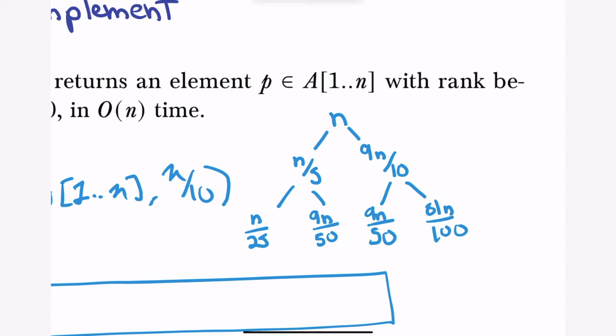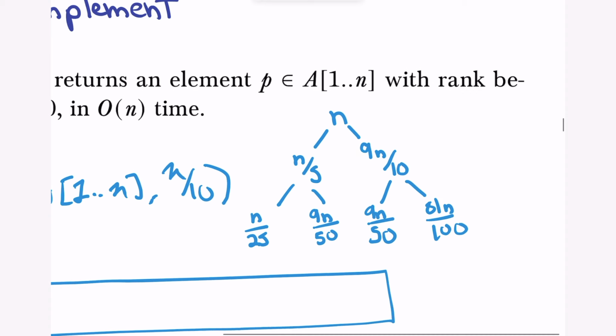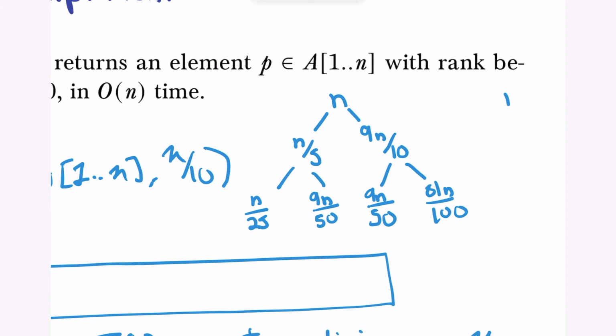And we know that each of these subproblems is contributing work corresponding to its own size. So I just have to add up these rows. So this is going to be like n times 1/5 plus 9/10. I'm sure you guys can do this faster than me. 11/10, they say. Yeah. What would be the next row?